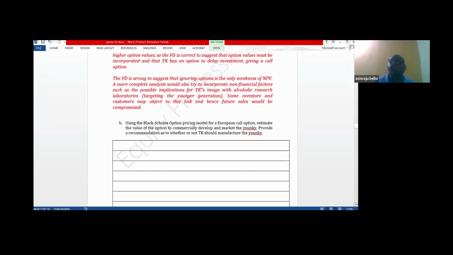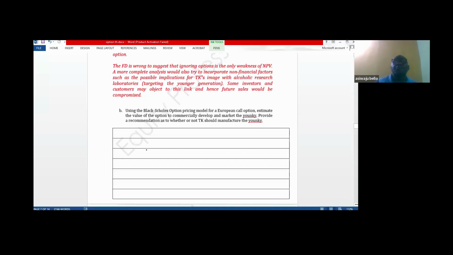Step 1: calculate net present value without option to delay.